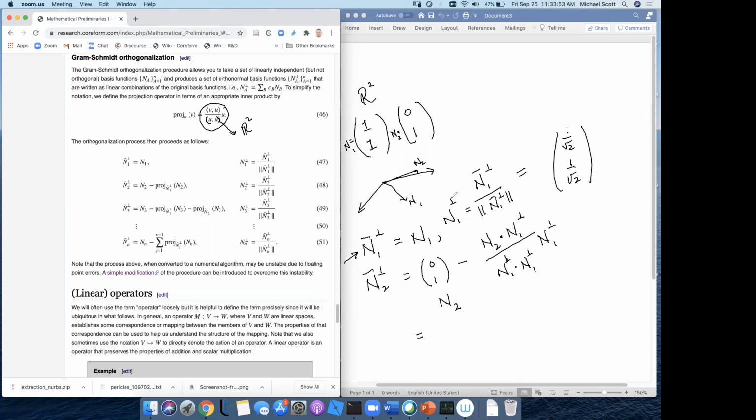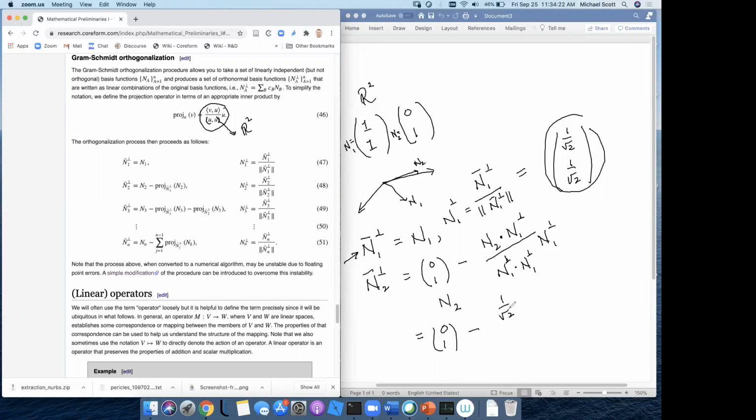We have what's going to be our N1 orthogonal. It is also normalized. It's this one right here. And so now we can move to the second line, which is 0, 1 minus N2 dotted with this guy, which is what? N2 dotted with this is 1.